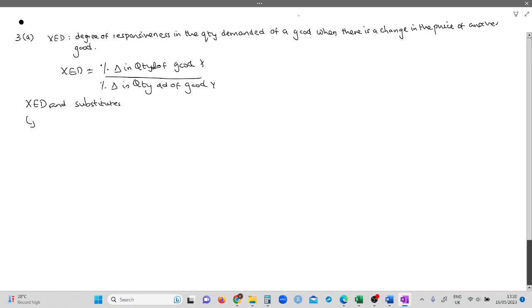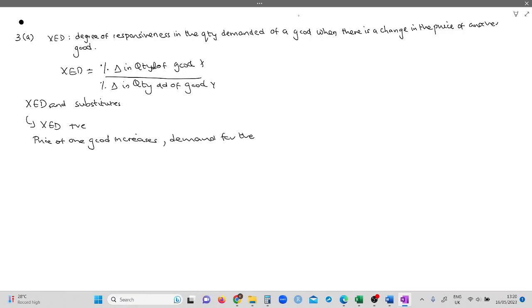So here you can say that, for example, the XCD is usually positive for substitutes, meaning that if the price of one good increases, demand for the other will also increase, and vice versa.